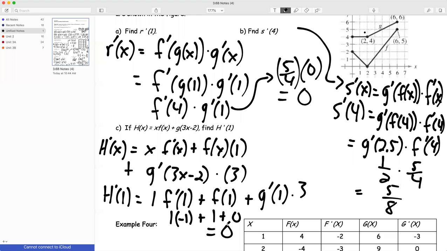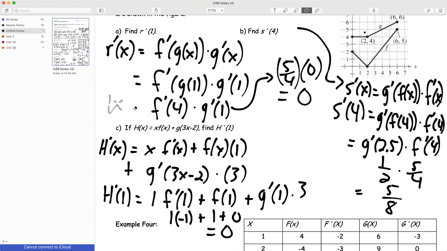So the derivative would be 0. If there were a constant there, then the derivative would be 0. But there's a variable there. What's the derivative of 1x? 1. Okay.